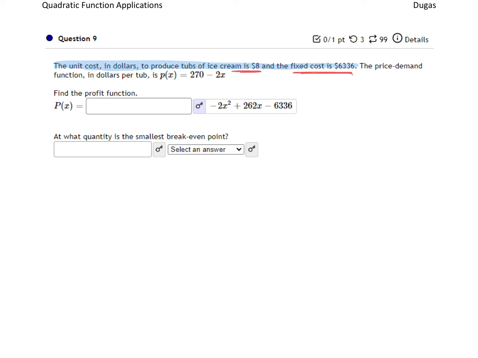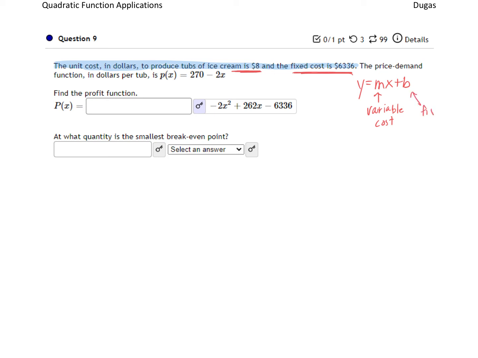So when you have a variable cost and a fixed cost, you can usually represent that with a linear equation. And that's what they're wanting you to do here. So y equals mx plus b. The slope, the m, is associated with the variable cost, the cost that varies depending on the number of units or items.